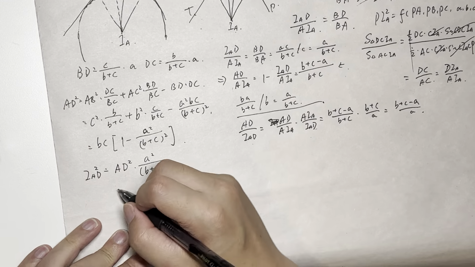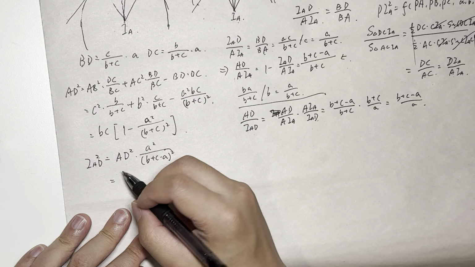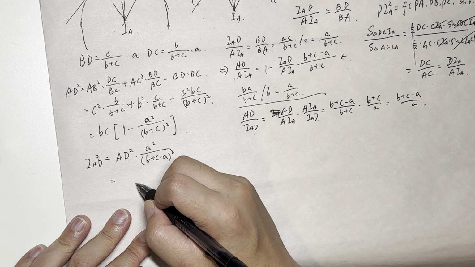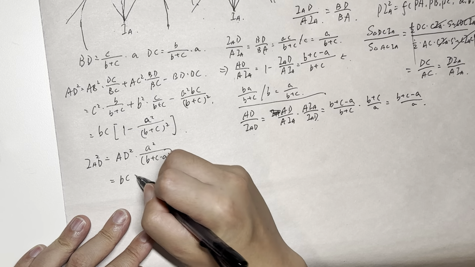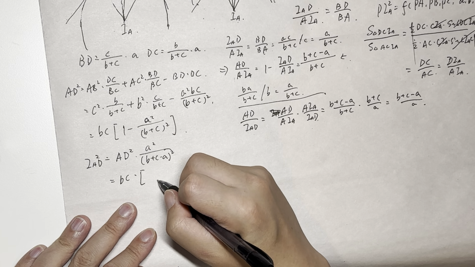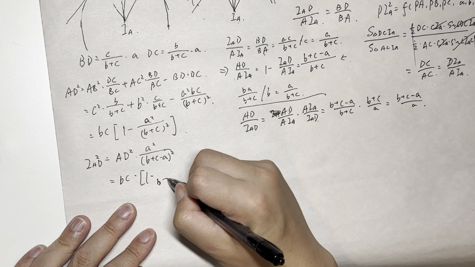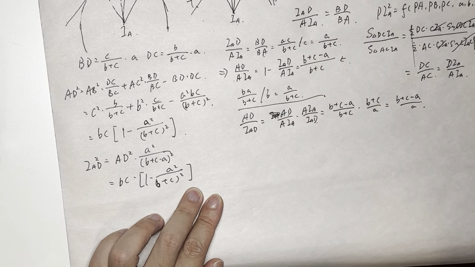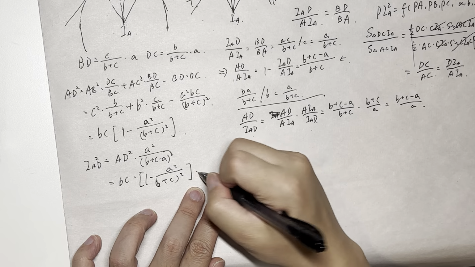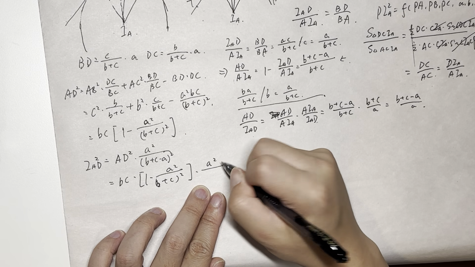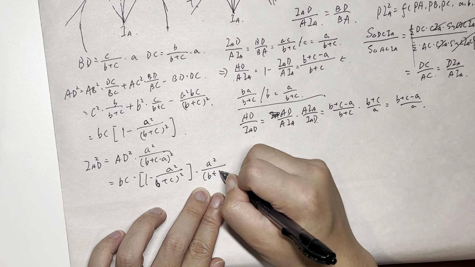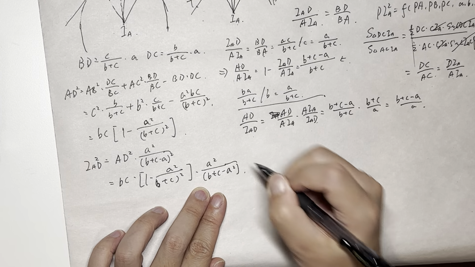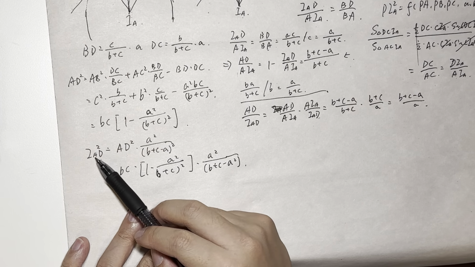So that equals BC times 1 minus B plus C square. This one, that's AD square times A square to B plus C minus A square. That is IAD square.